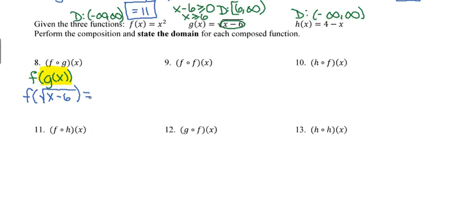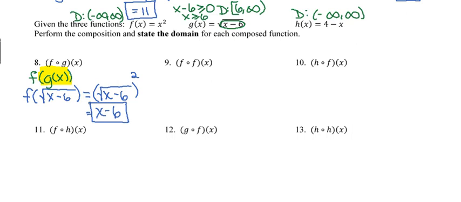Well, my input is the square root of x minus 6, and we want to square it. So when we square a square root, they disappear, and we're left with x minus 6. All right, so that is the easy piece of this.